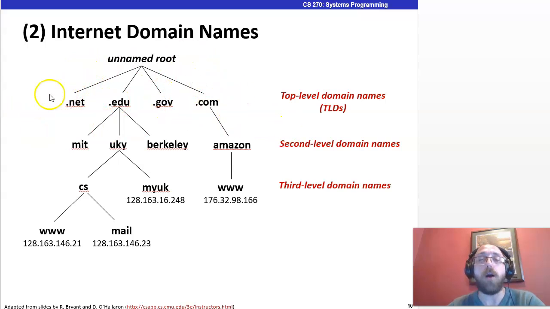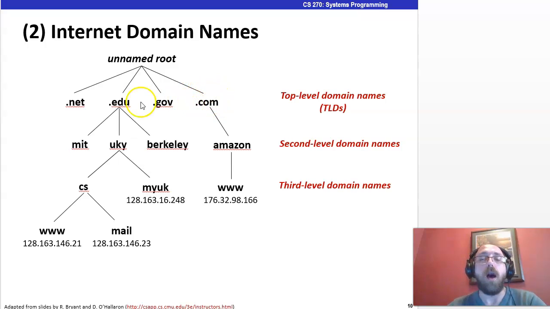Then each of those top-level domains, .net, .edu, .gov, .com, and these days many, many more, like .horse and .golf, but also the country code top-level domains, like .uk for Great Britain or .us for the United States. Each of those top-level domains will have its own server or set of servers, which can look up things within those domains.